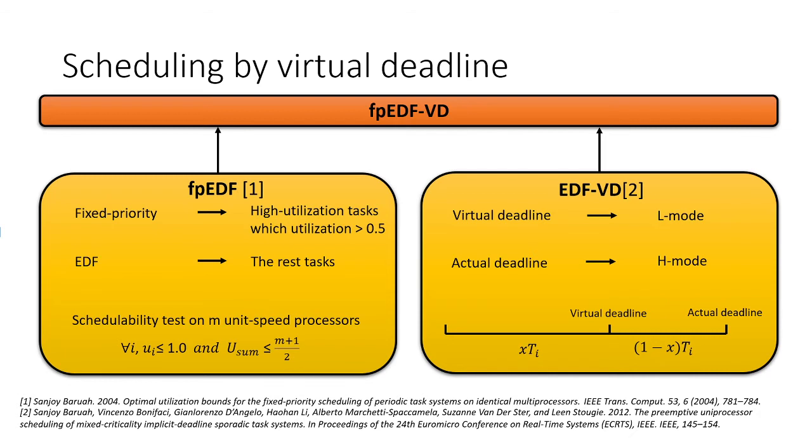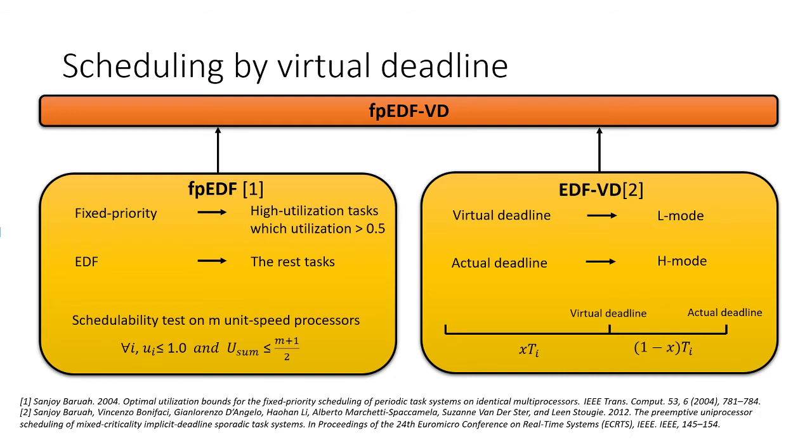FP-EDF is for scheduling ordinary sporadic tasks on multiprocessors. It separates tasks into two types, high utilization tasks and normal tasks. FP-EDF uses fixed priority scheduling to schedule the high utilization tasks.